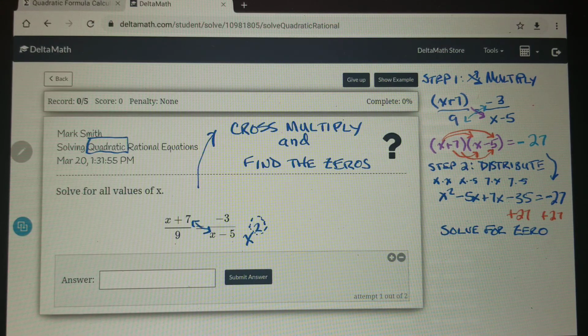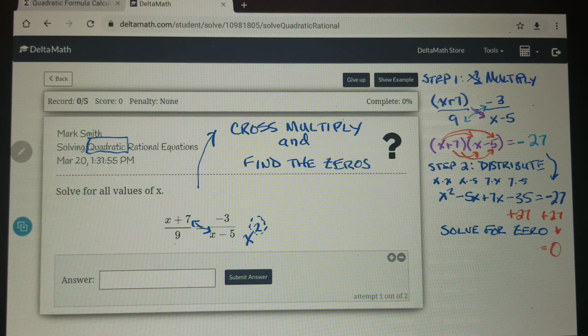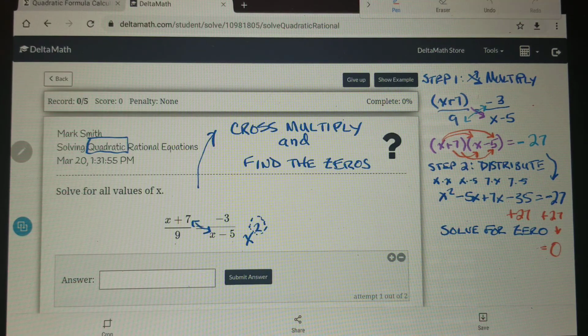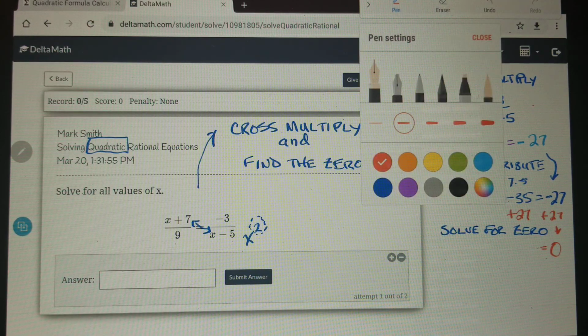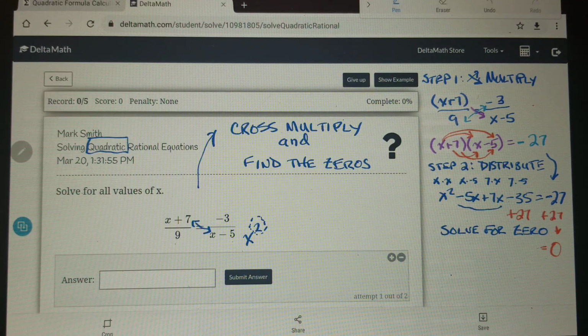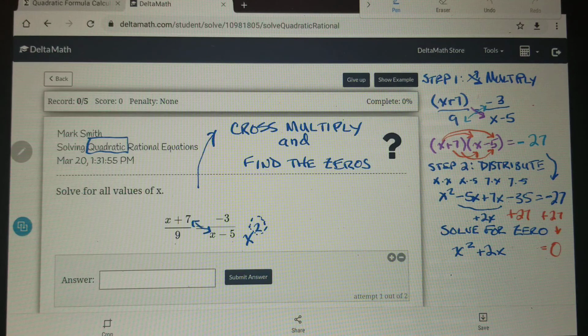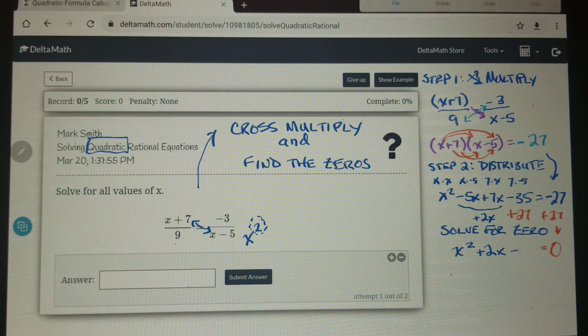Notice when we add 27 to that side, that's going to give us our 0 over here. So now our equation is going to look like this. We combine these two, which gives us a positive 2x. So we have x squared plus 2x, and negative 35 plus 27, which gives us a negative 8.